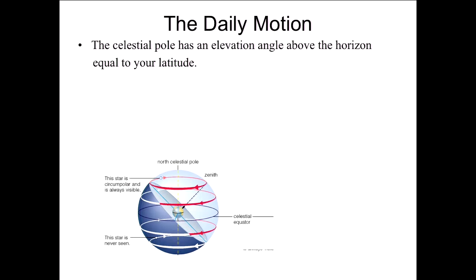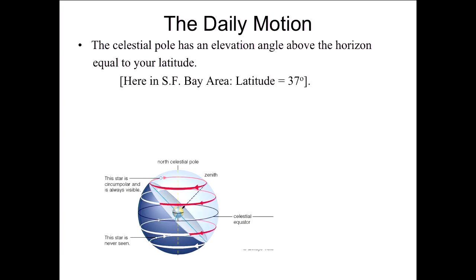You could think about this for half a minute, and you could convince yourself that the North Celestial Pole has an angle above the horizon. That's this angle. There's the horizon. There's the North Celestial Pole. There's an angle. And you can convince yourself by doing 10th grade geometry that that angle is equal to your latitude.